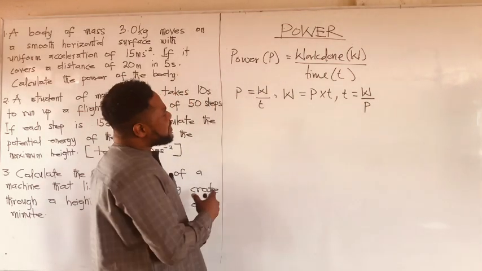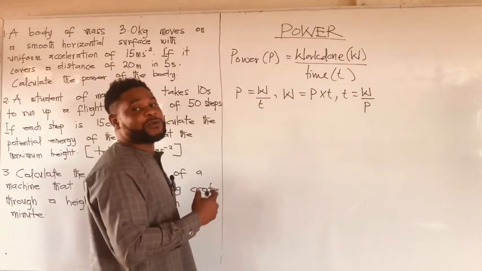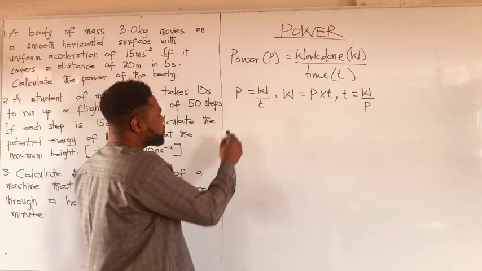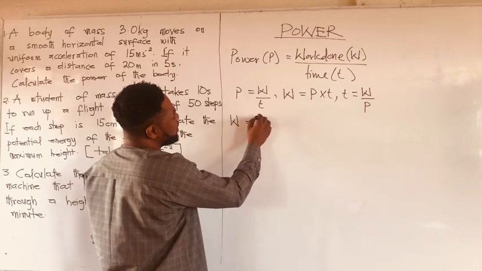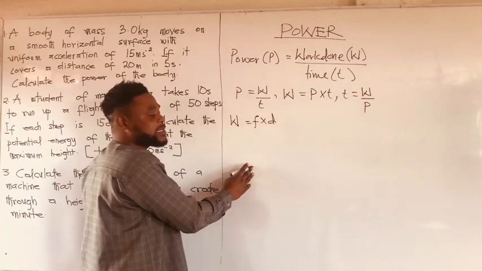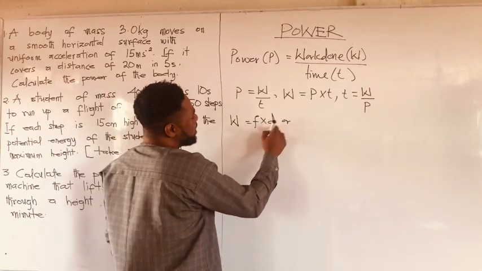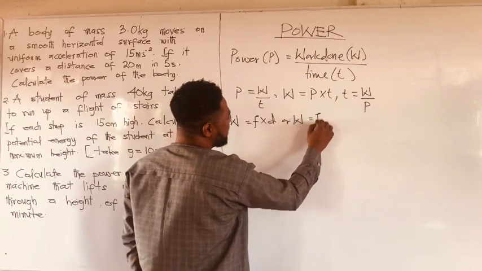Now, we can have some instances where in the question, work done will not be given to us. So we need to know that work done can also be given as force times distance. Or where the distance is, sometimes we can use height to represent it.